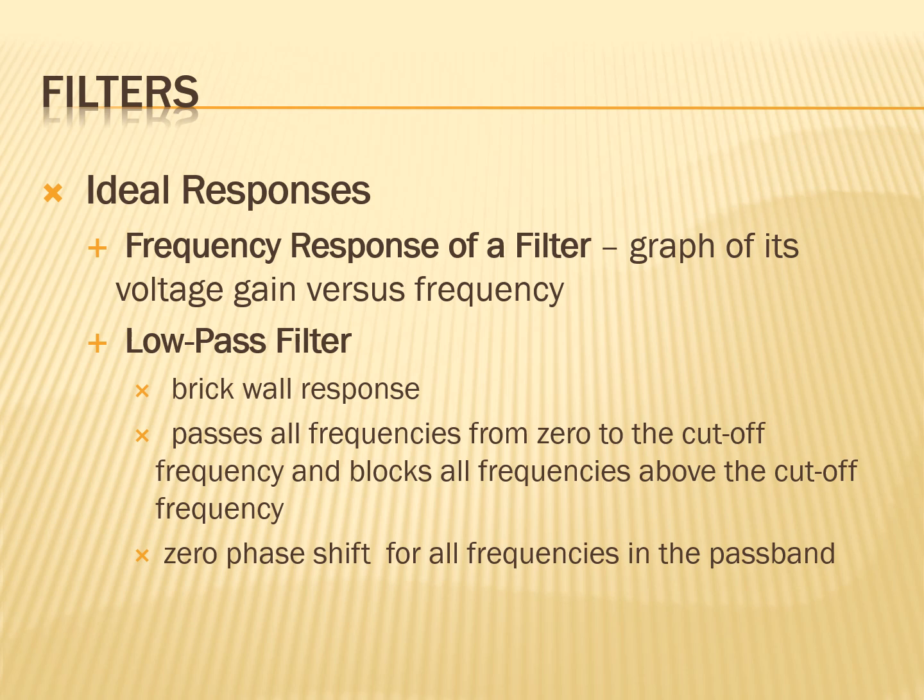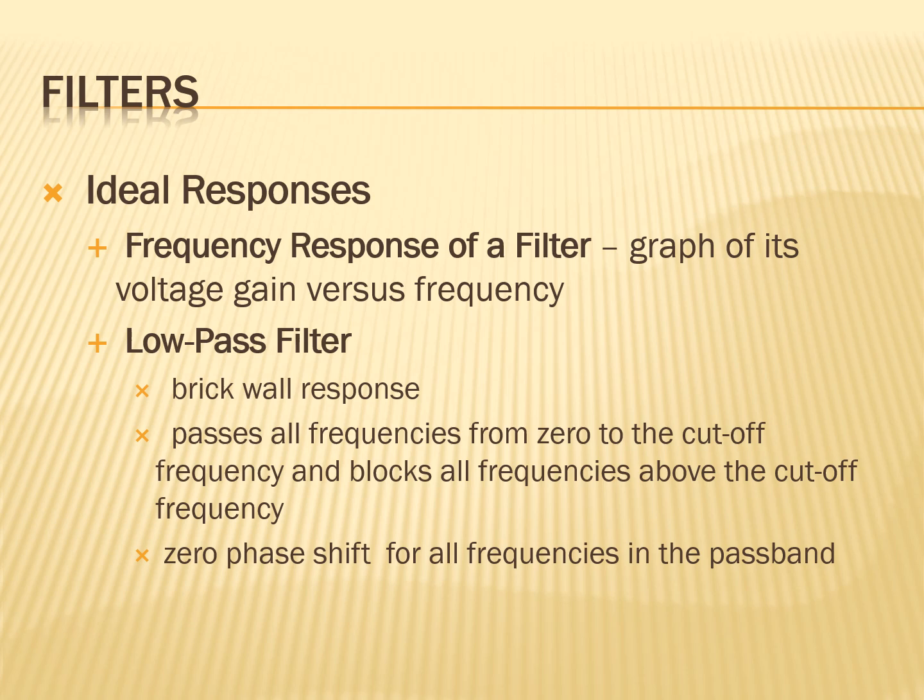The response of a low-pass filter is also called a brick wall response. It is called a brick wall response because the right edge of the rectangle looks like a brick wall. If you look at the response, it looks like a brick wall.